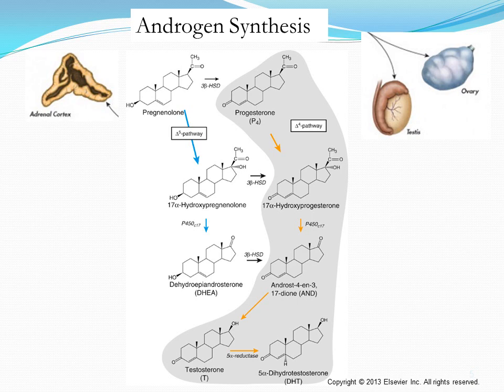The pathway that is most frequently followed in the adrenal gland is the delta 5 pathway, which is basically categorizing a different way that the chemical changes are occurring.